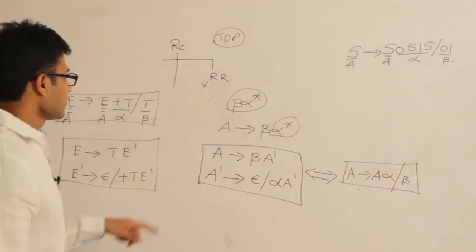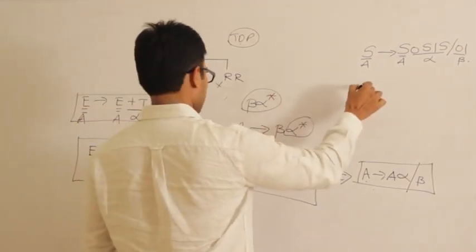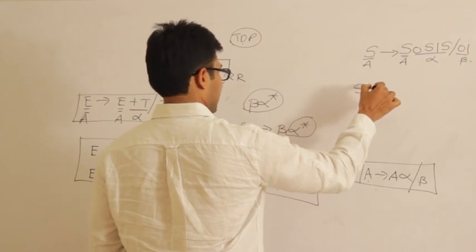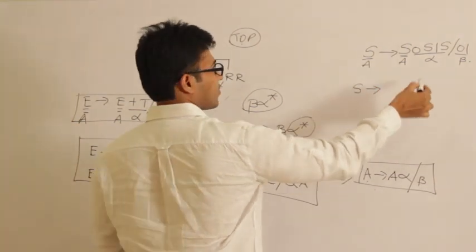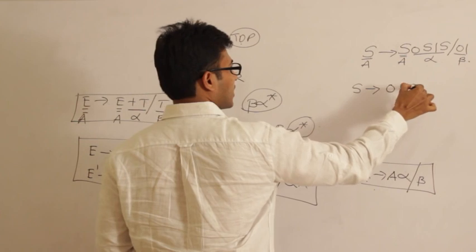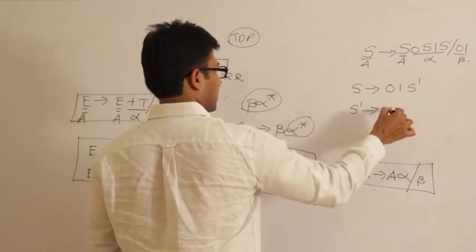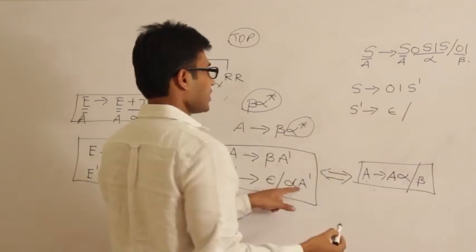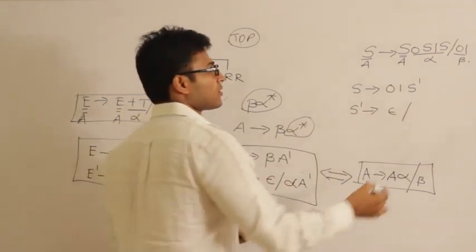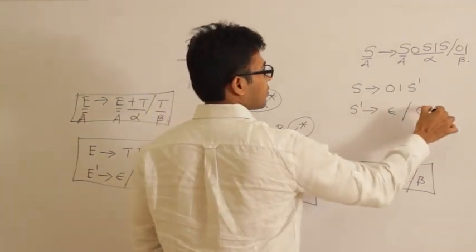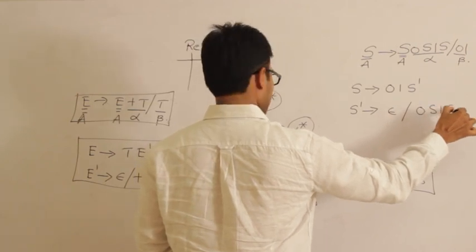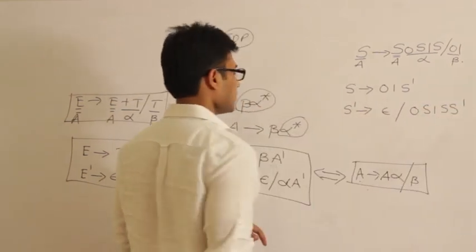So here if you substitute it, what you get is S derives beta S dash. What is beta? 01 S dash, right? And then S dash derives epsilon or alpha S dash. What is alpha? Alpha is 0S1S S dash. That is the elimination.